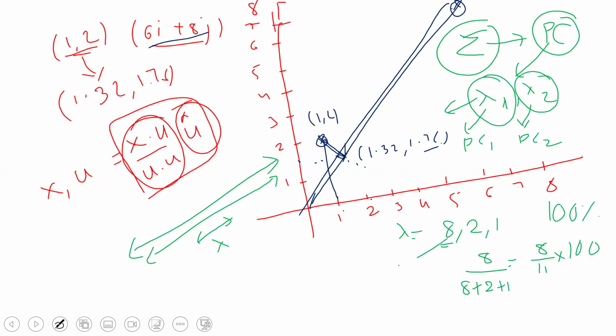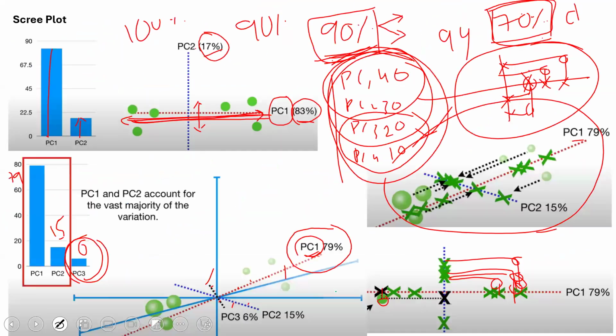Around 70 percent of the variance will be carried by principal component 1. The second is 200 divided by 11, which is about 18%. The third would be about 9%. So this is how you calculate the variance carried by each principal component.